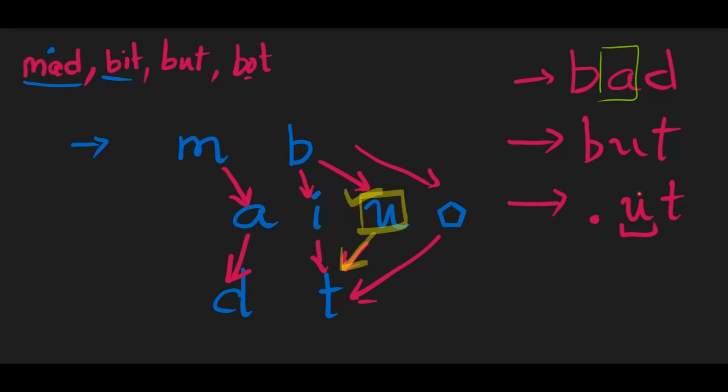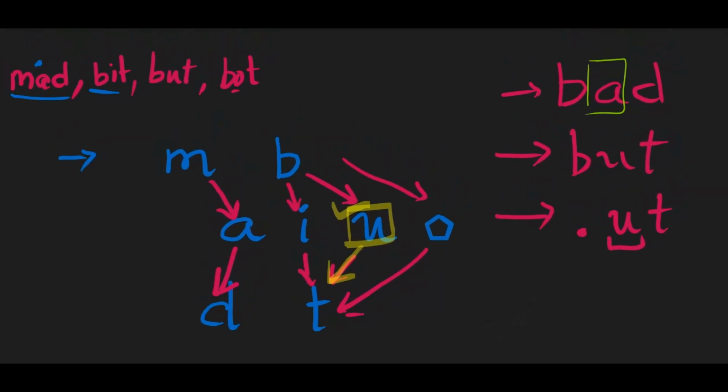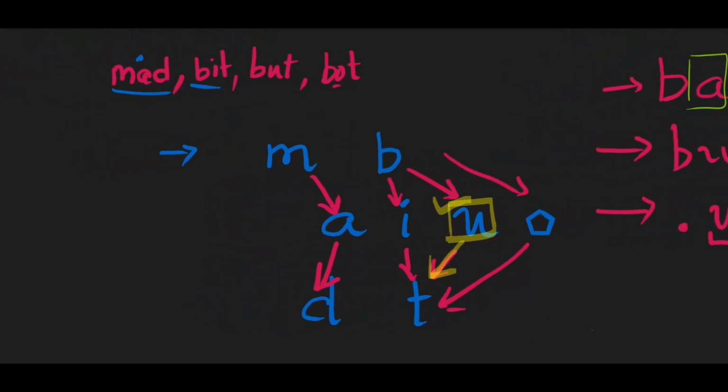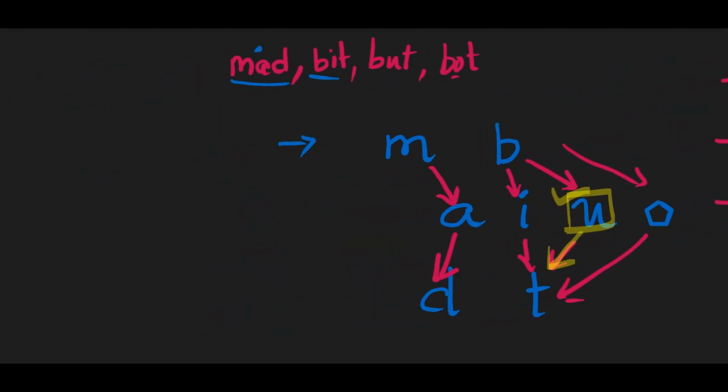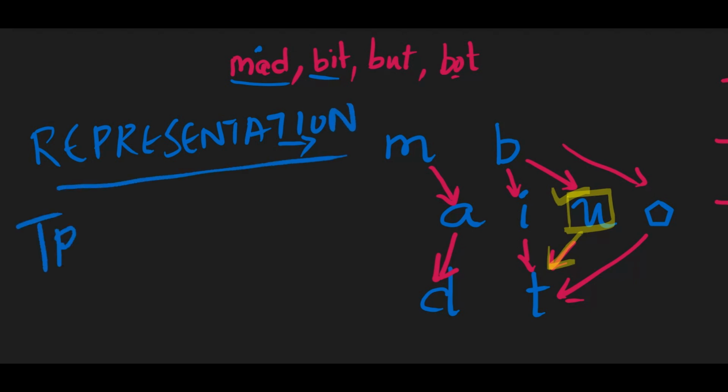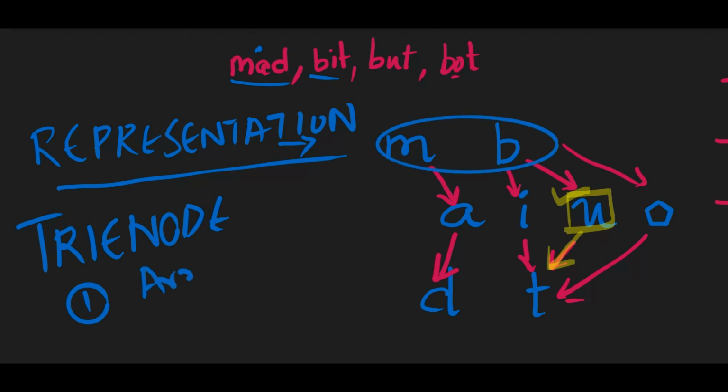So with this set of examples, let's just move on and try and implement a trie. And before that, I would like to bring your attention to two things. That is, how do we represent a trie? In order to represent it, we need two things. So the representation is going to have two important things, and that is a trie node class that requires one, it needs all these elements, which you can represent as an array or a map.